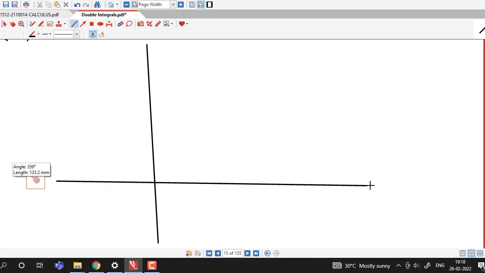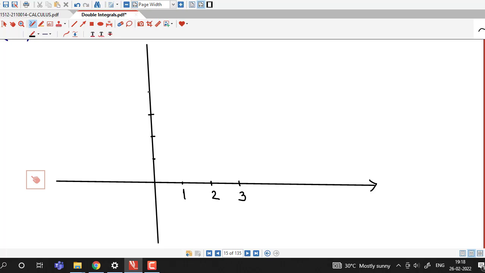We have to find out the region of integration bounded by these four lines. So suppose this is xy plane and we will roughly consider this distance is say 1. Suppose this distance is 1, then this is 2, and we require maximum distance on x-axis as 3 and maximum distance on y-axis required is 4.